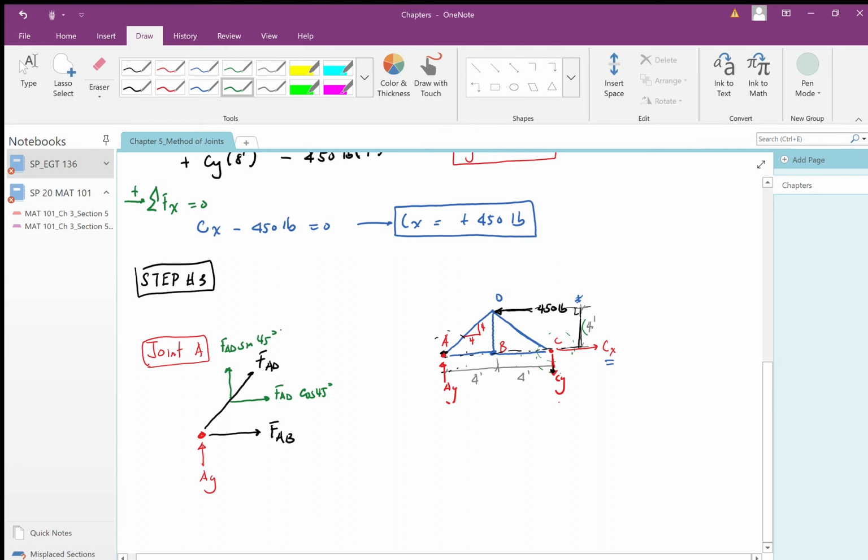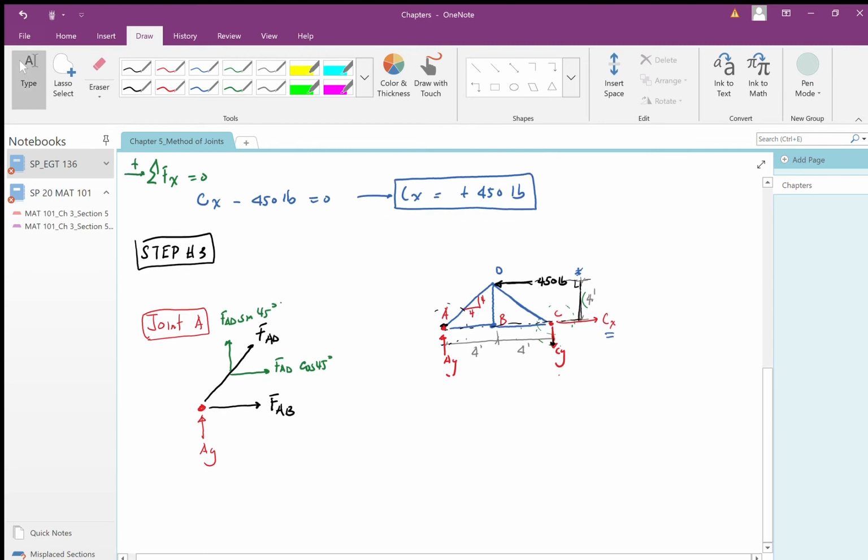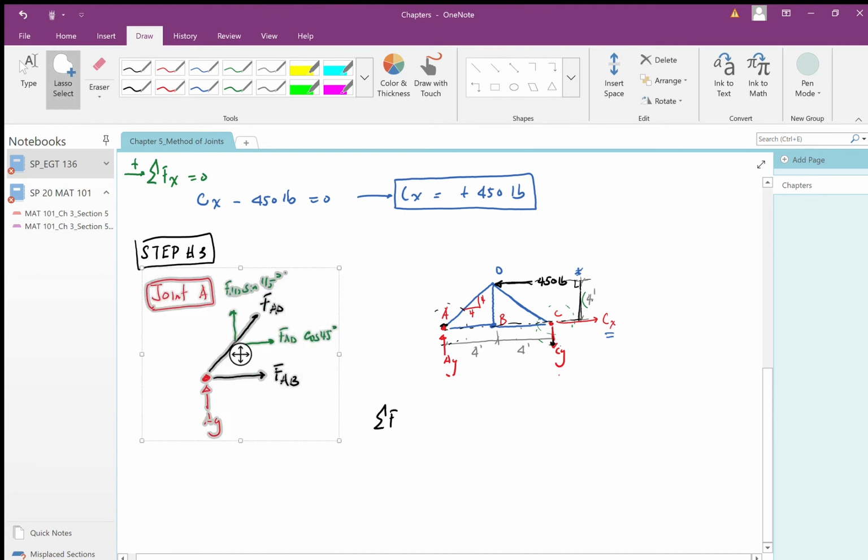Okay, so with that being said, now I can still use my equilibrium equations. I'm going to use the sum of the forces in the Y direction equals 0.